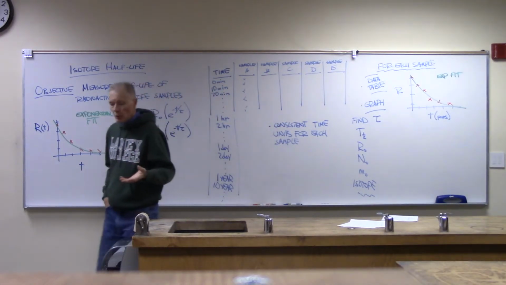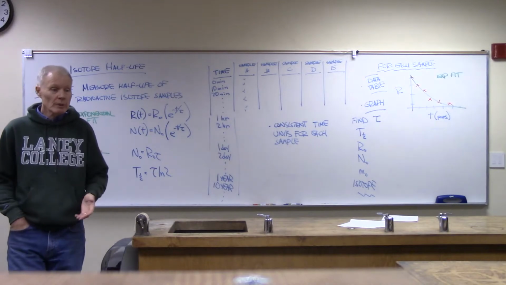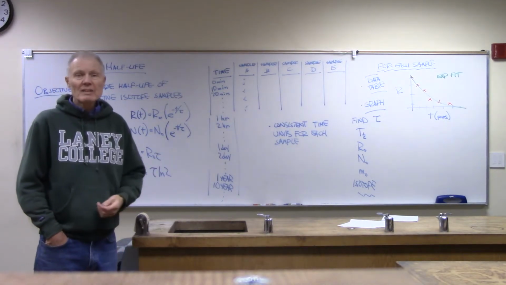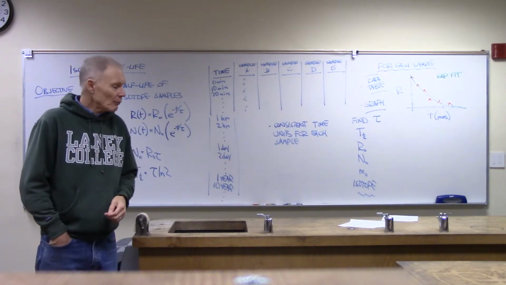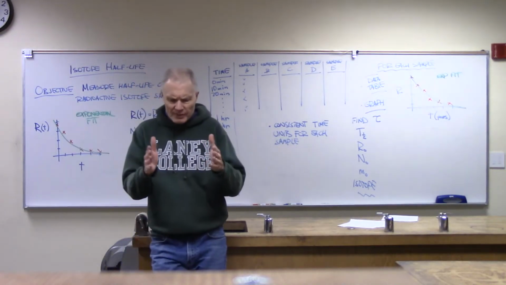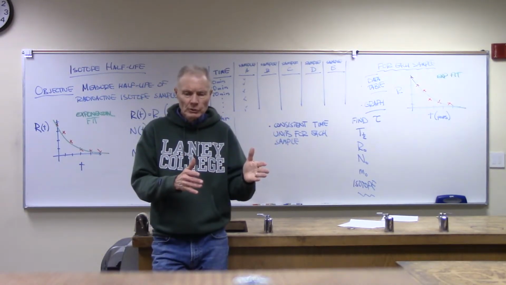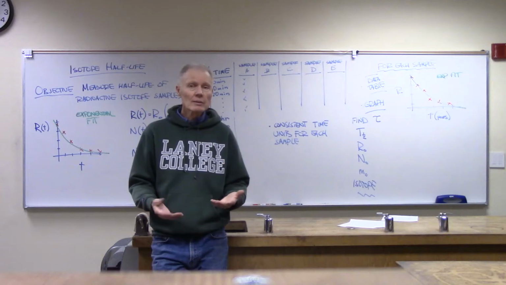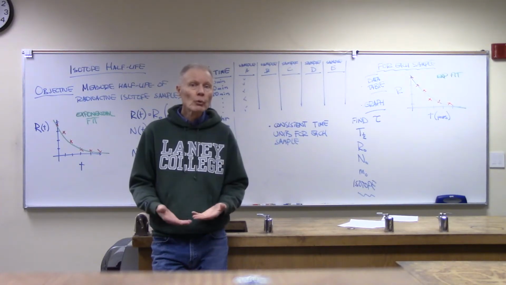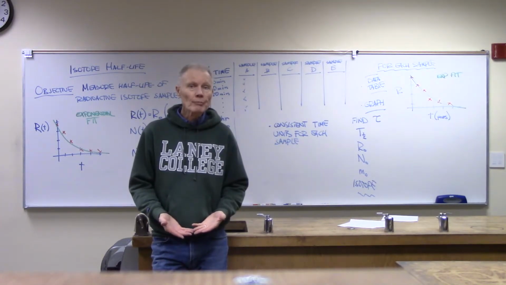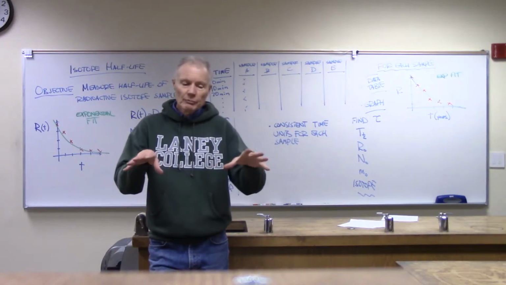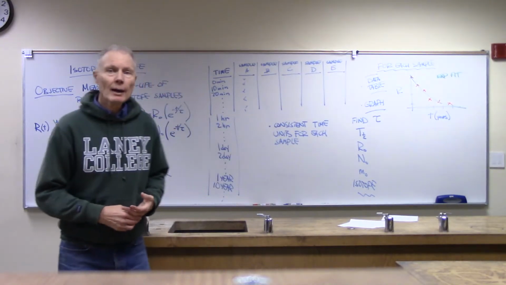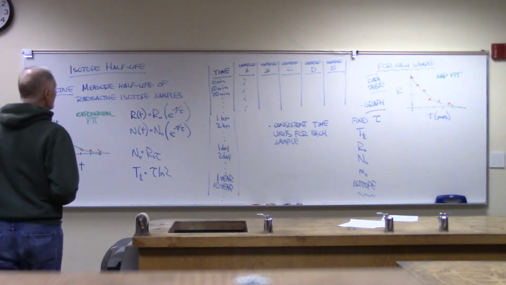These isotopes have different half-lives, so they are going to be decaying at different rates. What we want to do is a series of measurements of the decay rates and use those to determine what the half-lives are. So we will actually take some different isotopes and find out what the half-lives are.